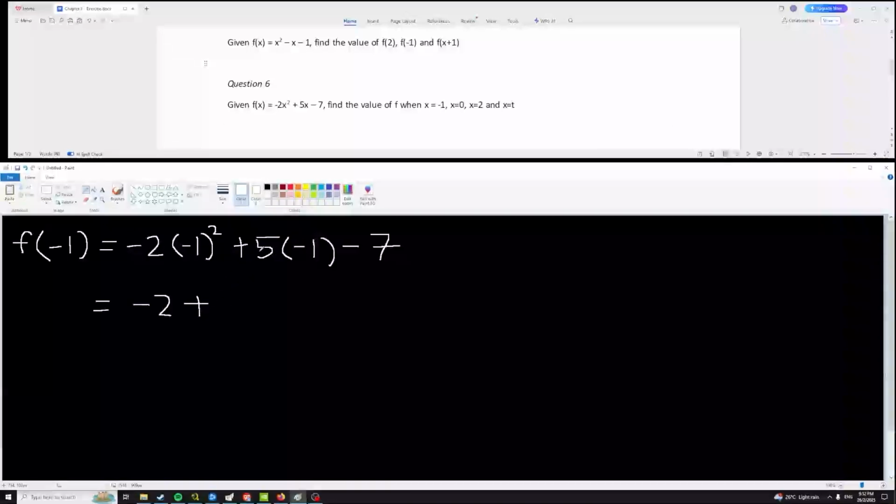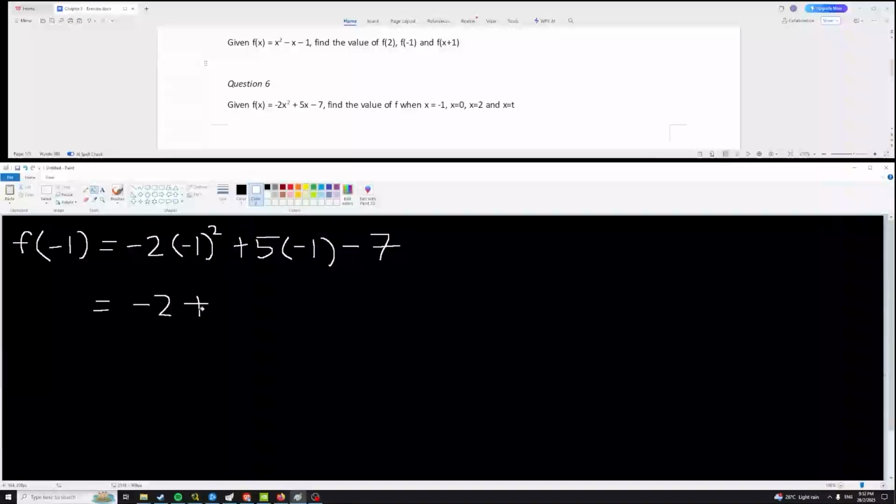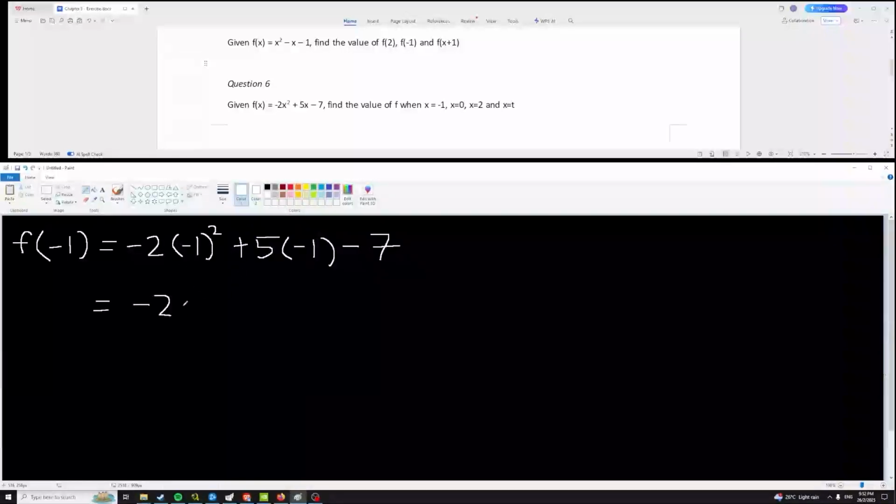Again, this one is negative 5. Sorry, I was a bit too fast. So negative 14.